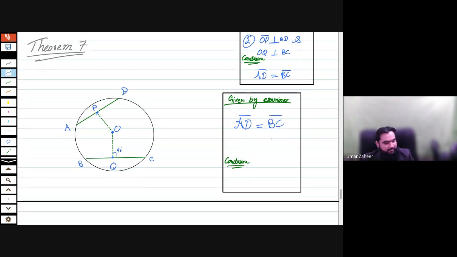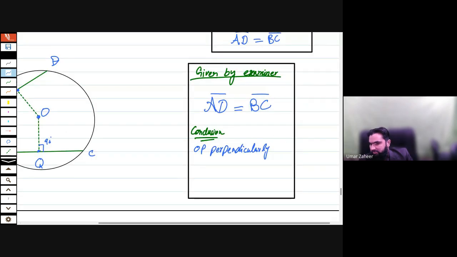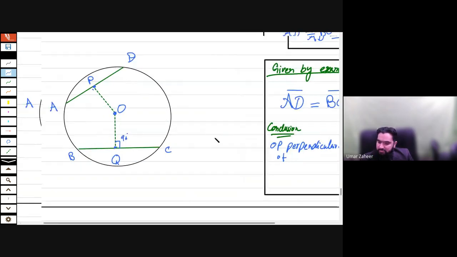Then you can make the conclusion that OP perpendicularly bisects AD.